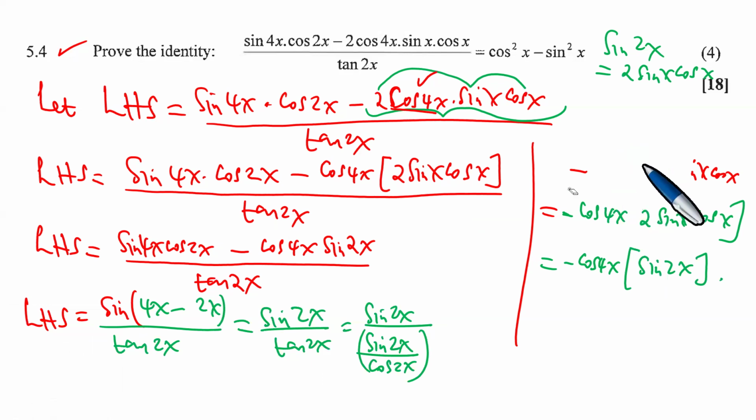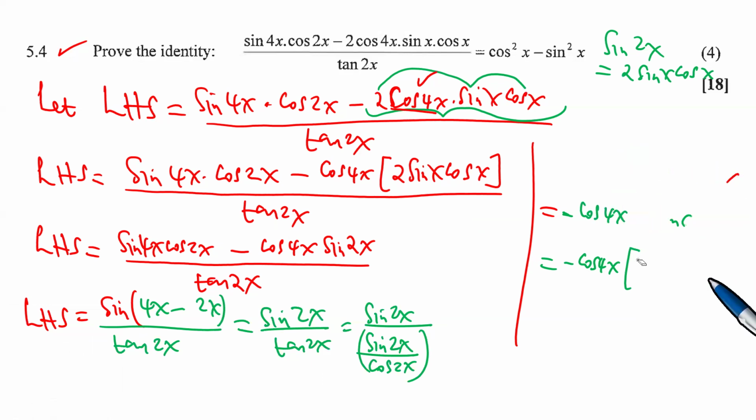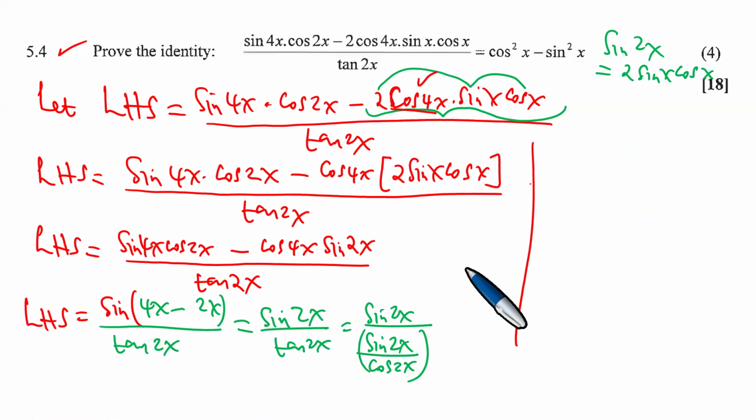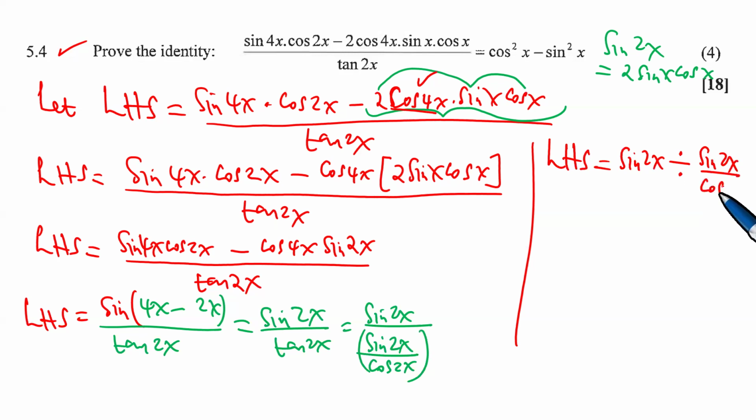Okay, let's proceed here on the further right of the board. And I want us to now deal with this, the right-hand side, the left. So we have this, you divide by sine 2x over cosine 2x.